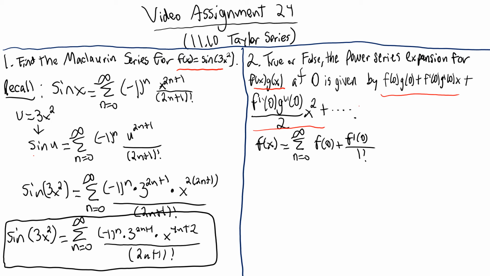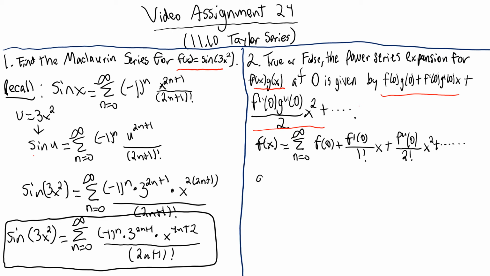After you do the original function and you take the first derivative, you get an x here. So then you would add the second derivative of the function at 0 over 2 factorial multiplied by x squared. And then that pattern would just keep going on.